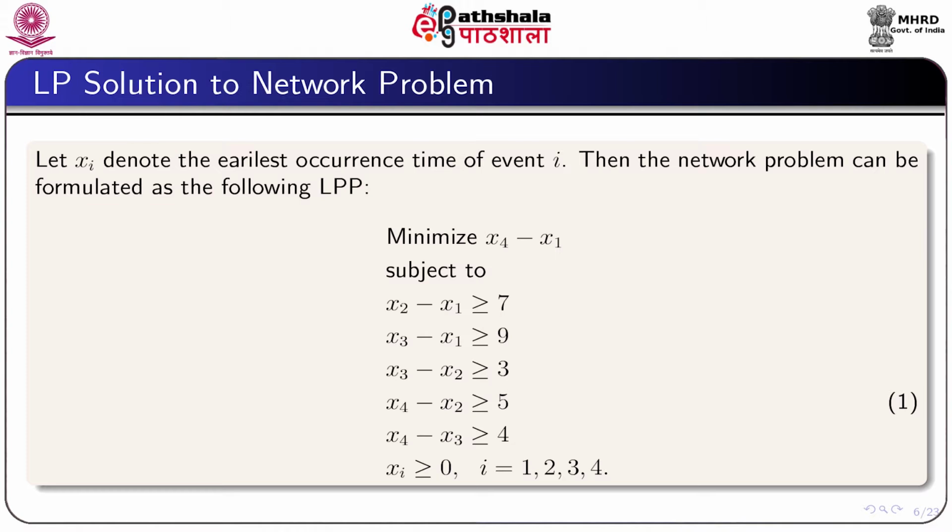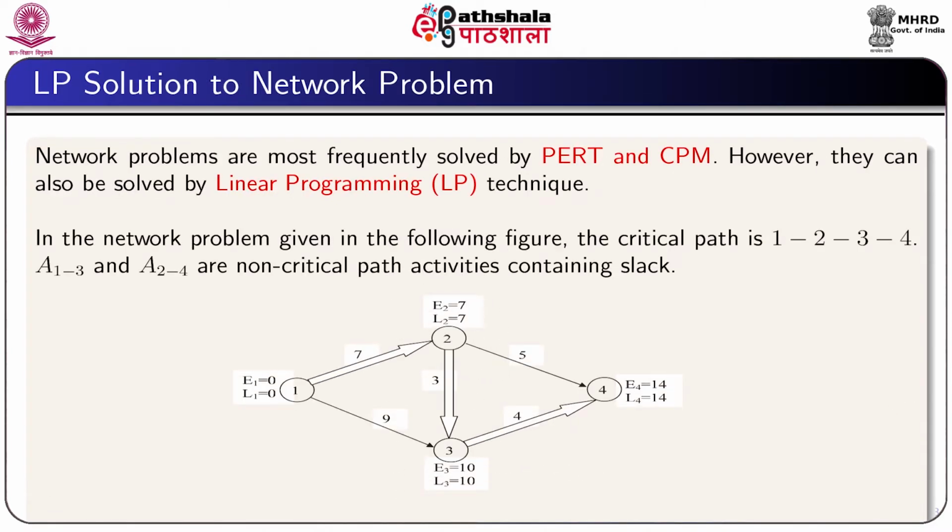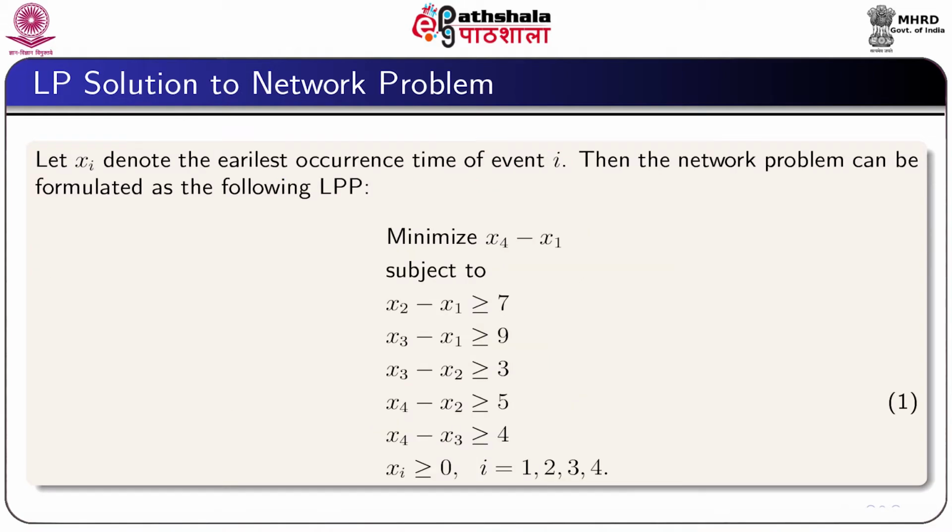Then we have some constraints. From the diagram, we can easily write for the activity 1-2, x2 minus x1 greater than or equal to 7. Similarly, for the activity 1-3, x3 minus x1 is greater than or equal to 9.